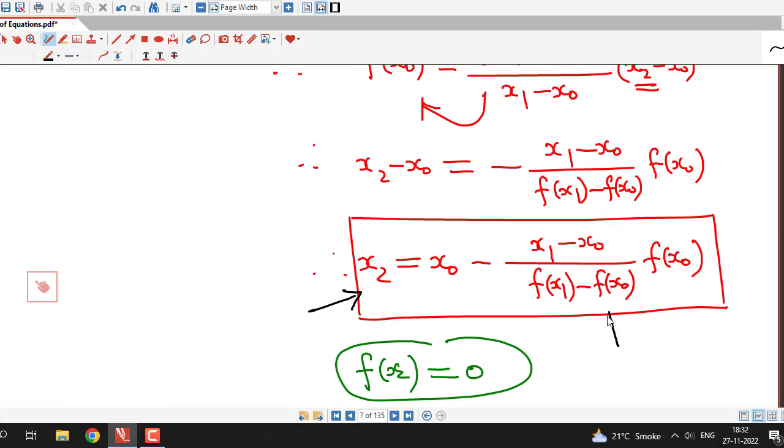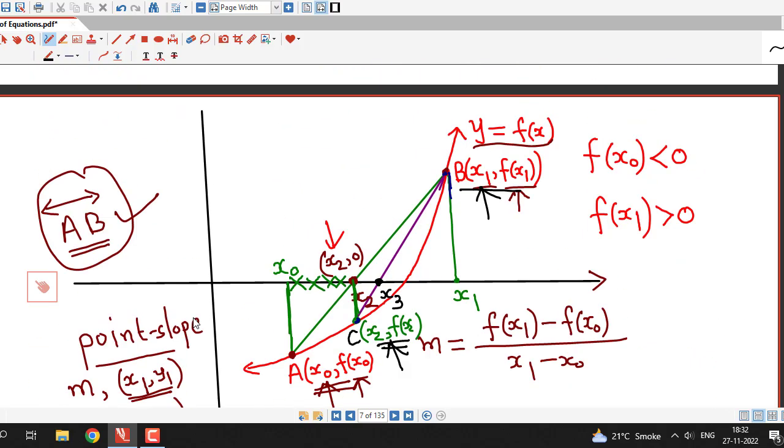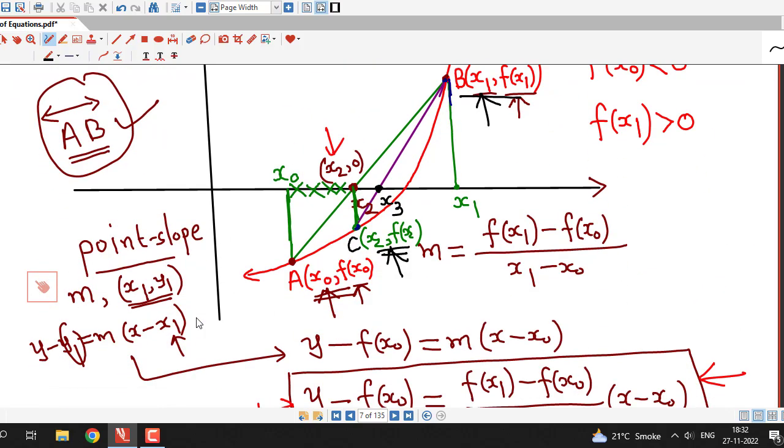We keep x1 as it is, and we will obtain the next formula for x3. So we will follow this procedure to obtain the approximate value of the root for the given equation.